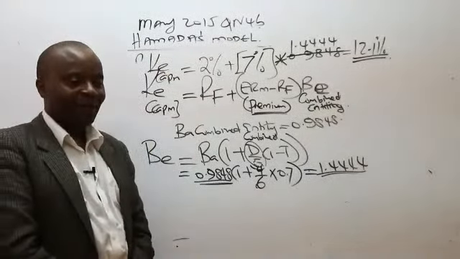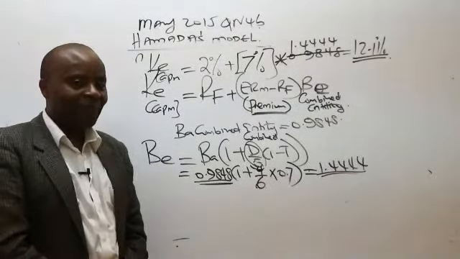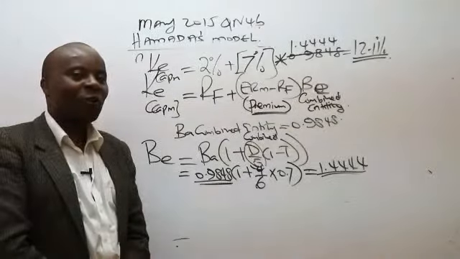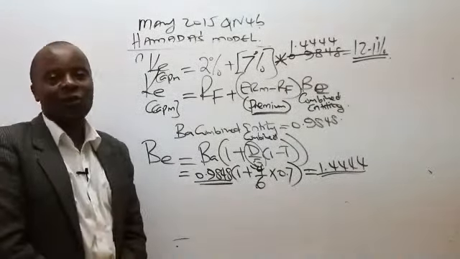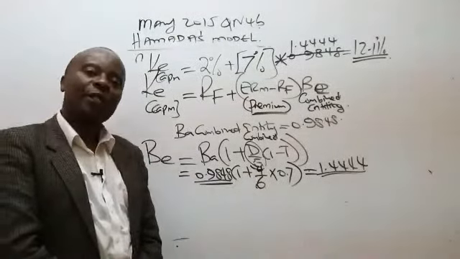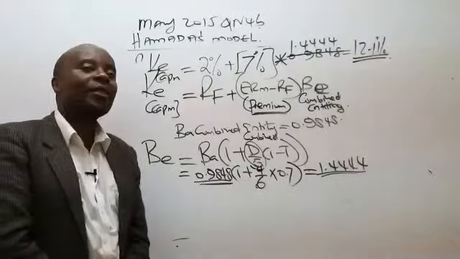Beautiful. I've been able to get the cost of equity, but ladies and gentlemen, there is no way I will be able to use this cost of equity to discount. Why? Because this organization has got debt in its finance structure.